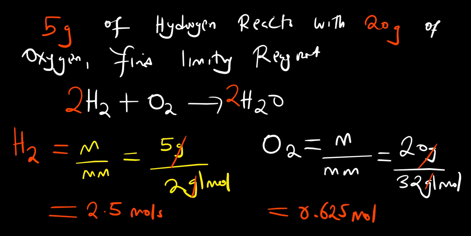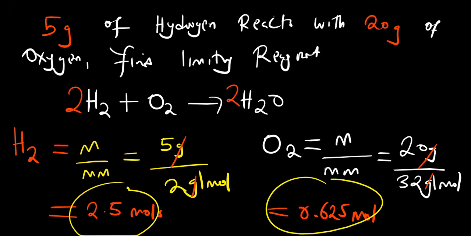Now we have to check the products that have been formed. If we're going to do that, we have to also look at the mole ratios. Looking at the mole ratios, 2 moles of hydrogen reacts with 1 mole of oxygen. The actual amounts we've got are 2.5 moles for hydrogen and 0.625 moles of oxygen.